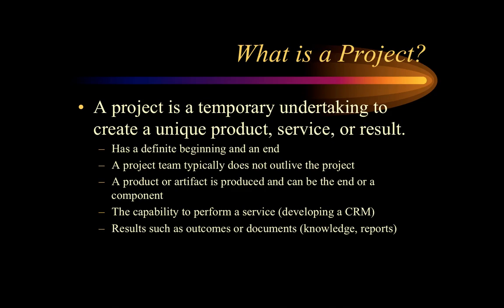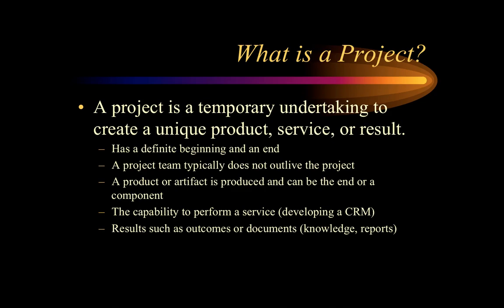So we will start on January 1st and finish on May 31st or March 31st. And we have a team that usually works within the project, but it does not outlive the project. And when the project is done, that project team is actually done. Either a product or artifact is produced, or a new service is launched.